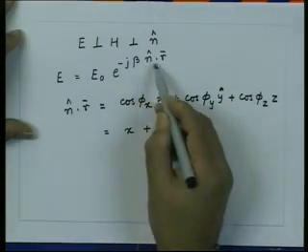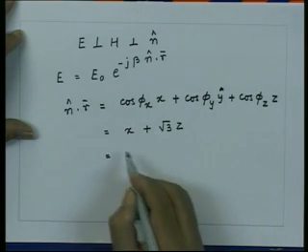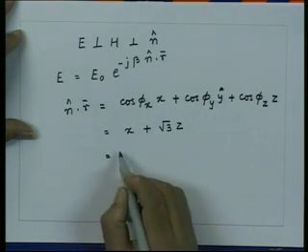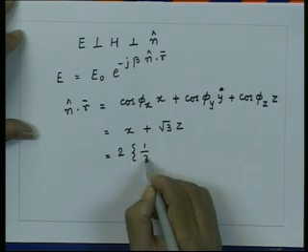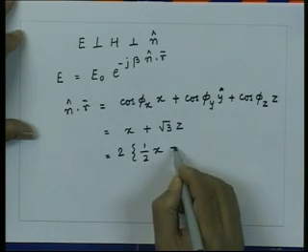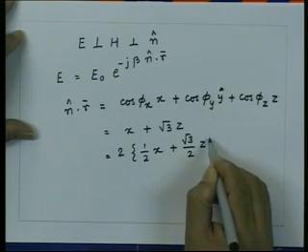So we can write this appropriately as 2 times (1 upon 2 into x plus root 3 upon 2 into z).